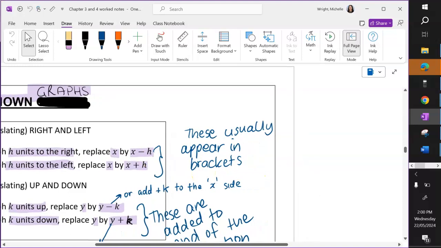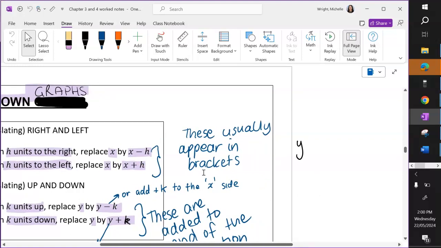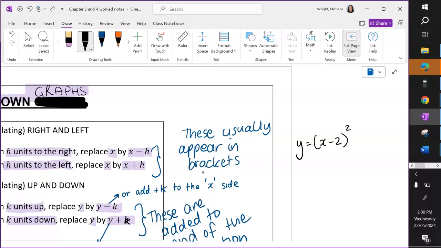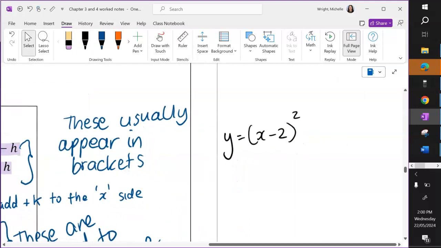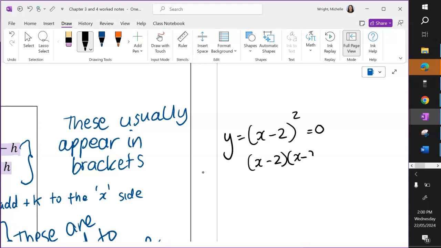So where that comes from is if I have a graph, for example, x minus 2 all squared, if I wanted to find where that cut the x-axis, I'm going to let y equal 0. And what I've basically got there is x minus 2 times x minus 2 is equal to 0, because I've got the squared, I've got it happening twice.